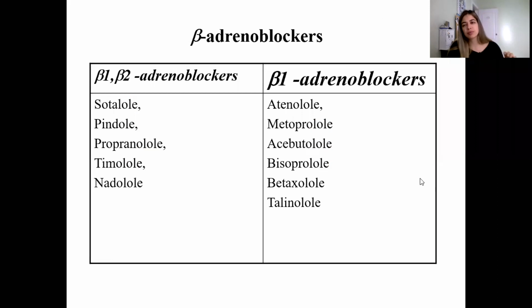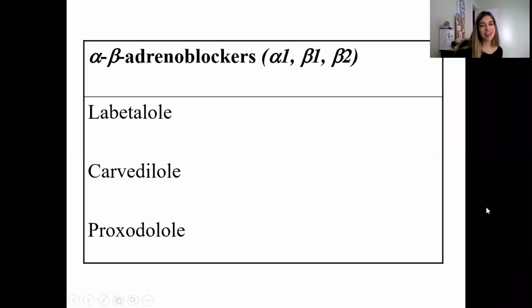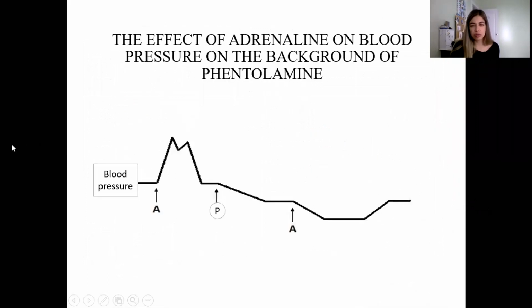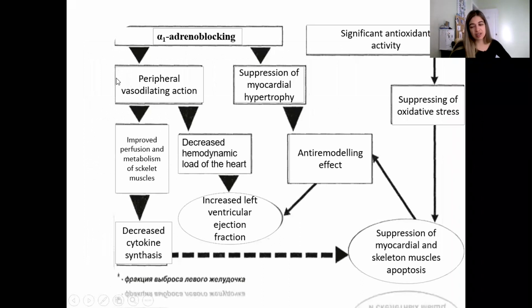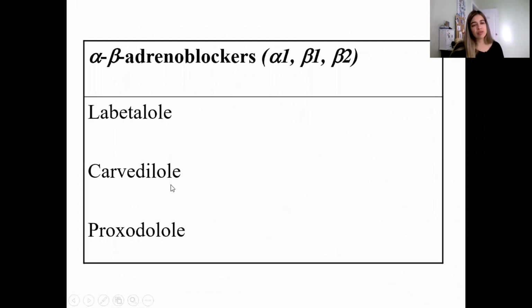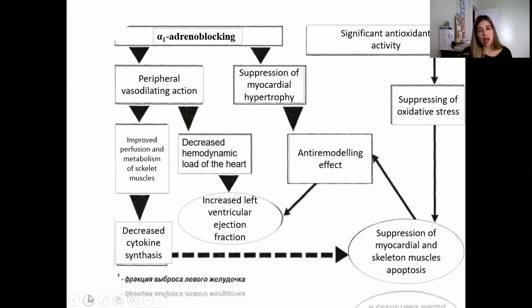Also we have some drugs which are paradoxically both alpha and beta adrenergic blockers: labetalol, carvedilol, proxodolol. Here you should make a difference, not confusing them with just beta blockers, because they also end with -lol. But so you are not stressed about it, there are only three names here, so it is possible to remember them.